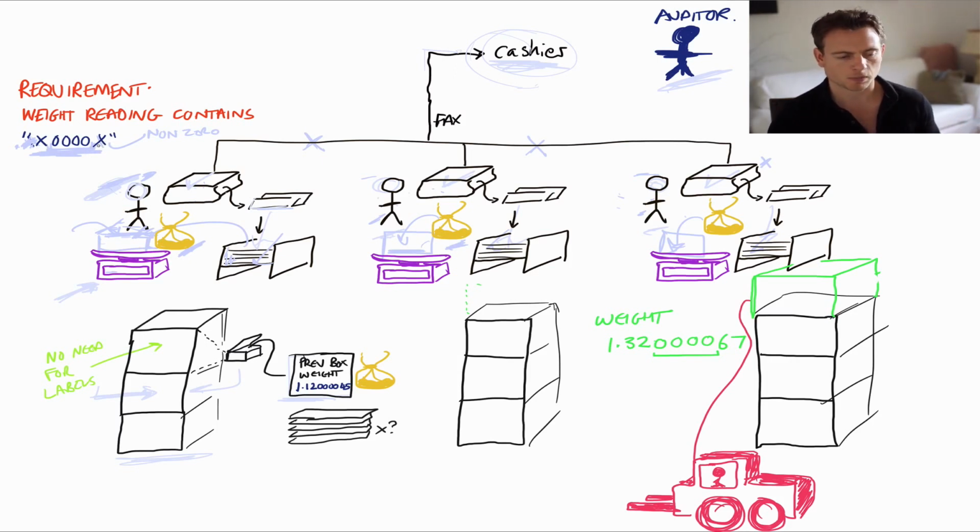I'm not going to try and make an analogy about the reward, but let's just say they get a bonus if this guy, as opposed to this guy or this guy, is the one who successfully first manages, from the latest transactions, to find a box containing the recent transactions and this bag of sand, with all the grains of sand that he added or removed, that actually contains this pattern in the weight reading.